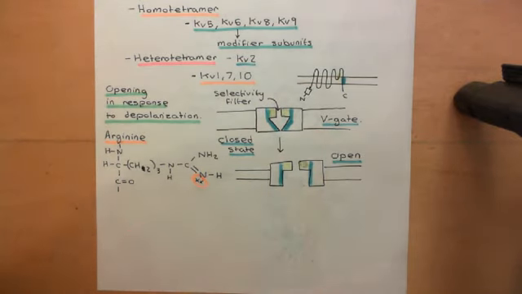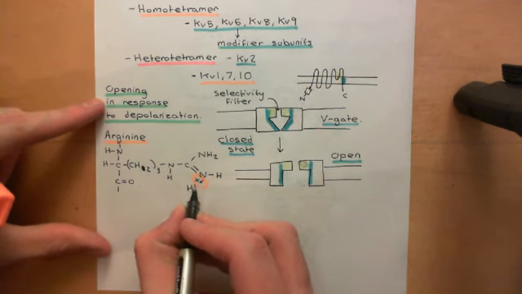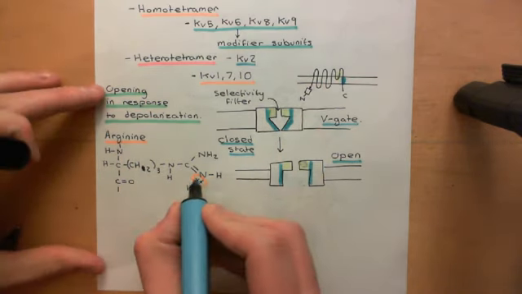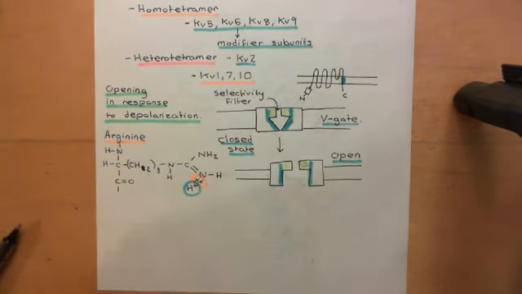That lone pair of electrons is a beautiful center of negative charge. Protons are positively charged particles. They absolutely love to associate with centers of negative charge. So what ends up happening is that you get protons attaching to the lone pair on the nitrogen that is double bound to the carbon of arginine residues.